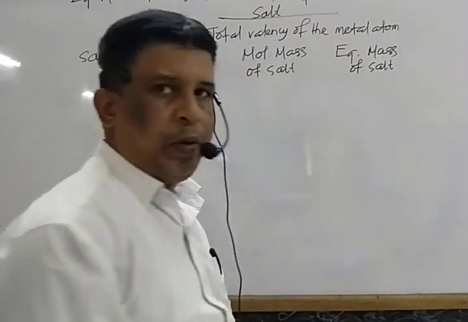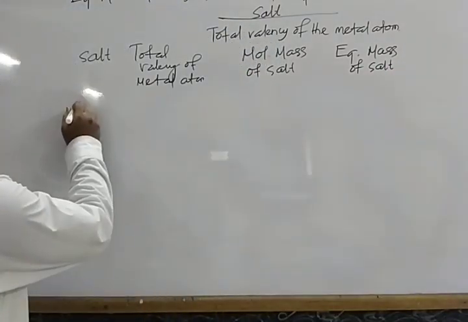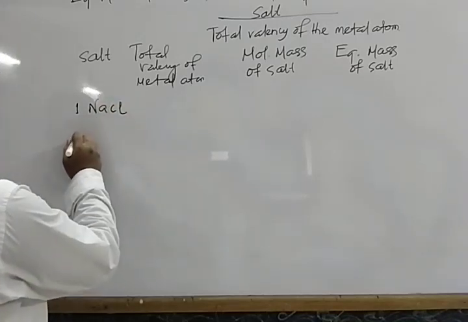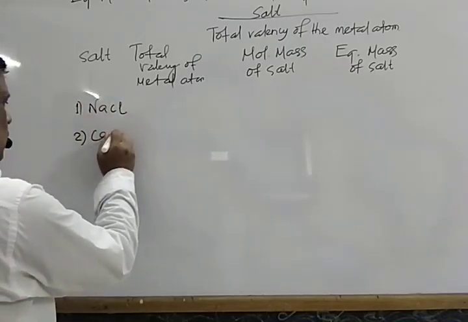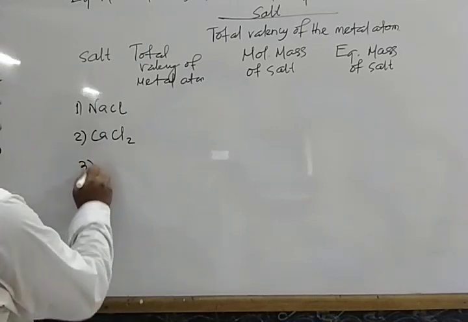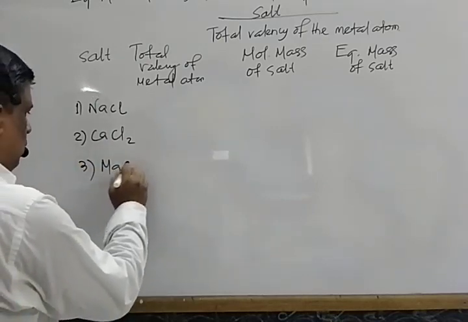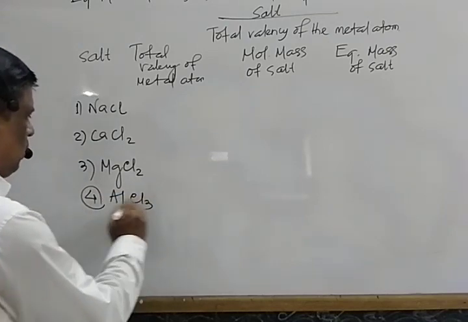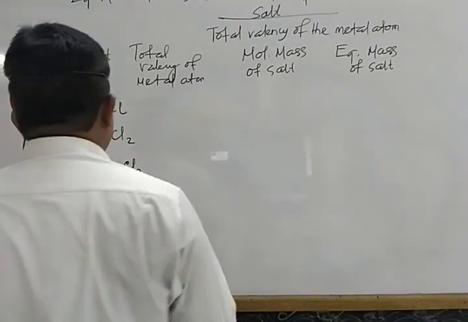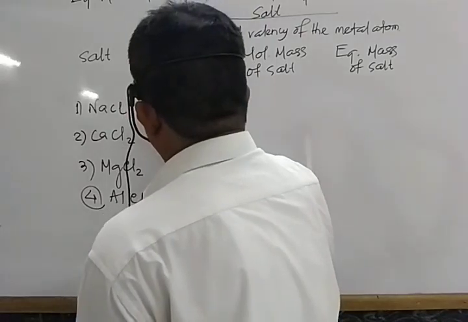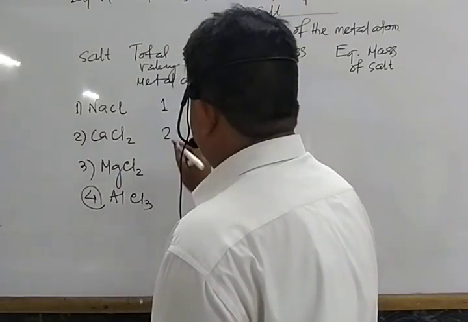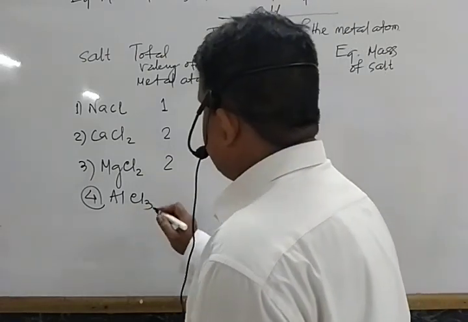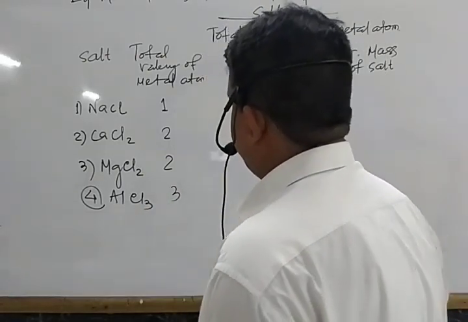Let us consider a few examples: sodium chloride, calcium chloride, magnesium chloride, aluminum chloride. Mark that. So the total valency of the metal atom: sodium is 1, calcium is 2, magnesium is 2, aluminum is 3.